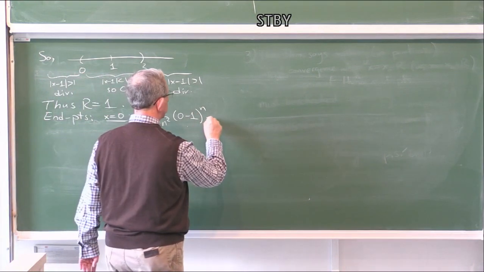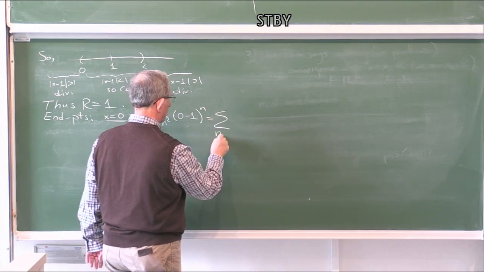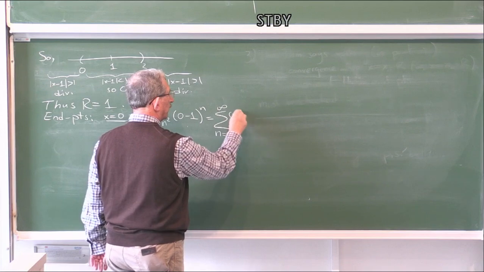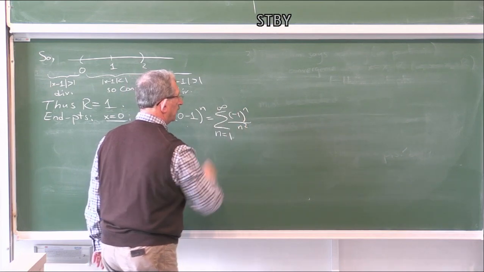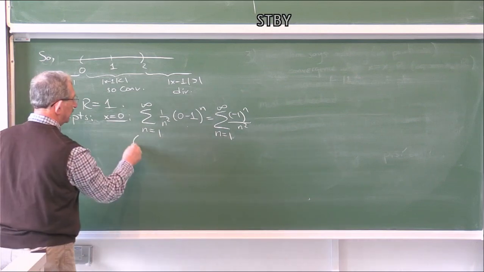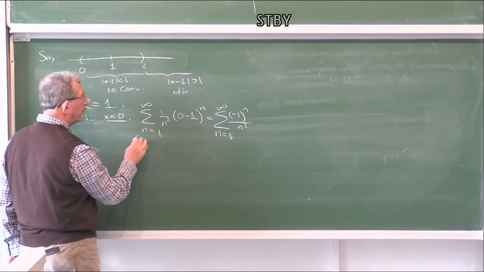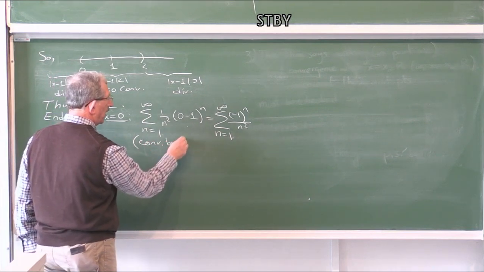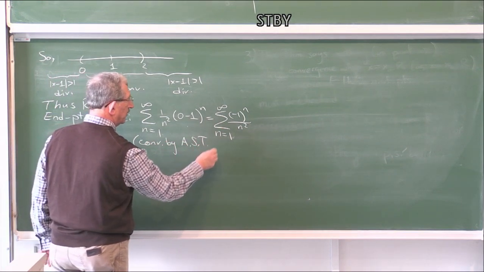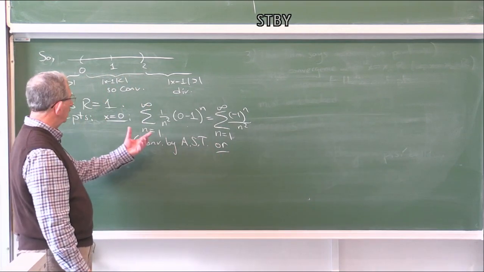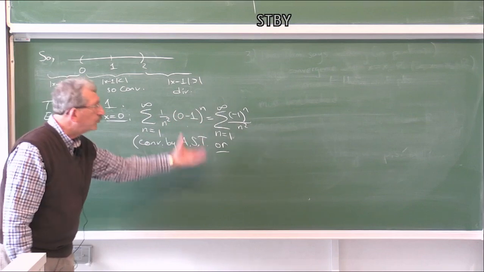Well, this is certainly the sum from n equals 1 to infinity of minus 1 to the n over n squared. Now, this series is clearly convergent by alternating series test, or look at the absolute value.